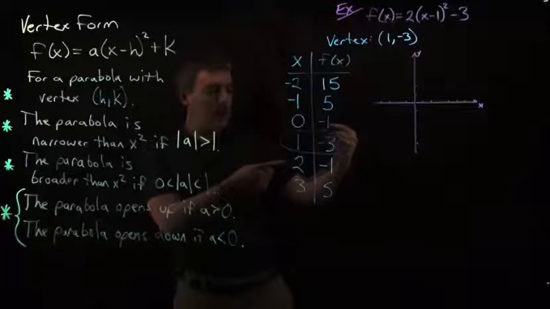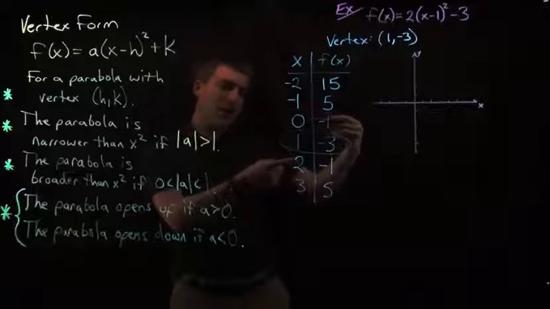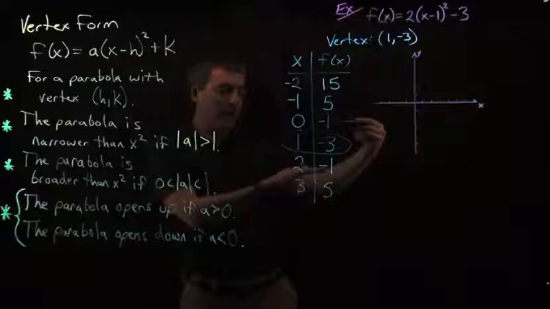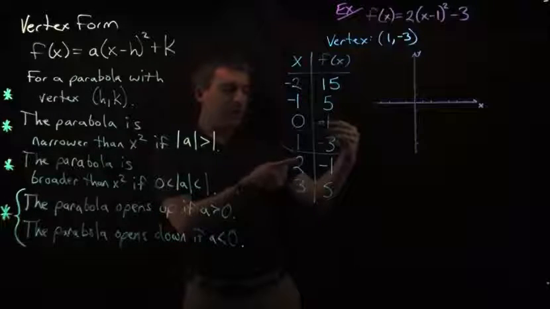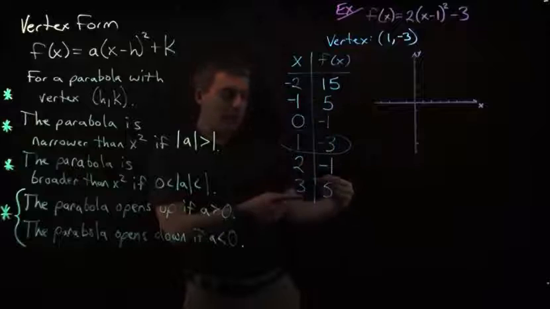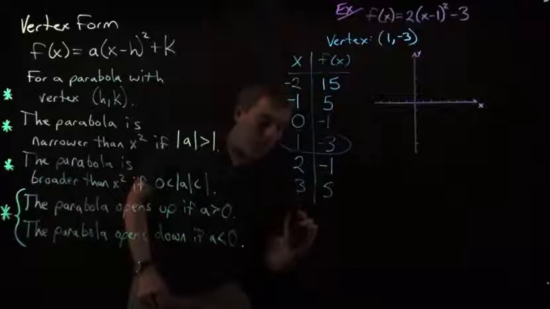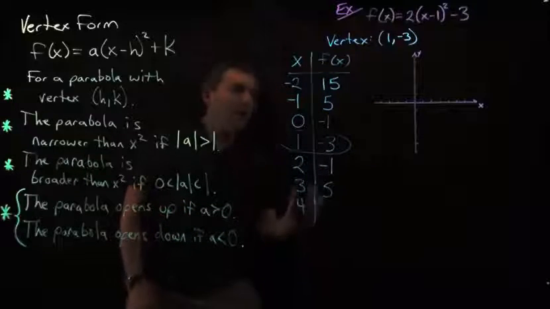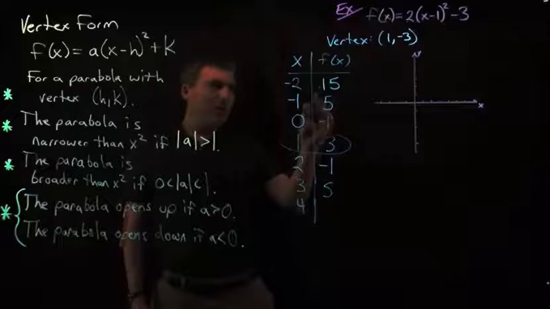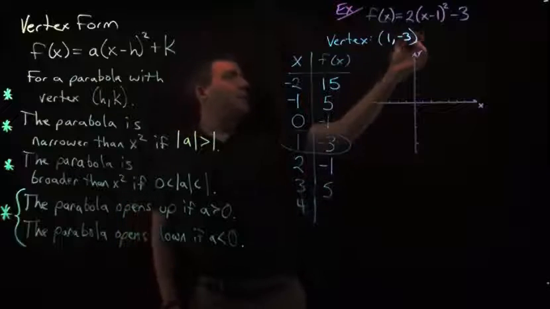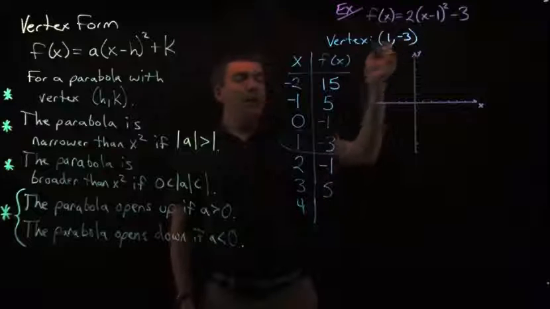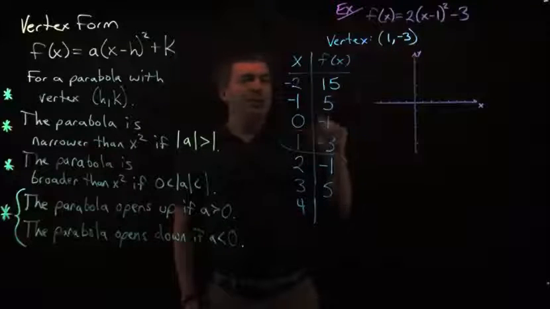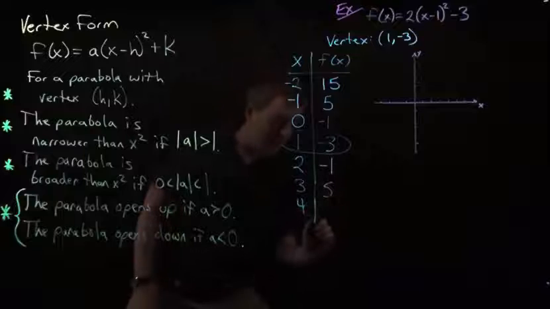And as we move 1 unit both to the left and to the right, we get the same outputs: negative 1, negative 1, 5, 5. For 4 then, we could expect to be 15. Let's verify that. So 4 minus 1 is 3. 3 squared is 9. 9 times 2 is 18. Minus 3 is indeed 15.